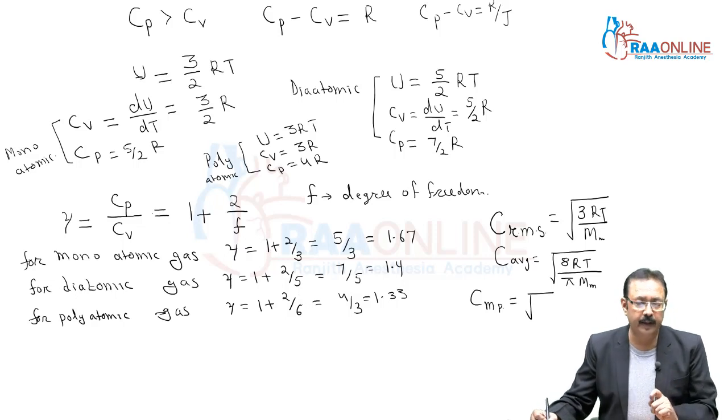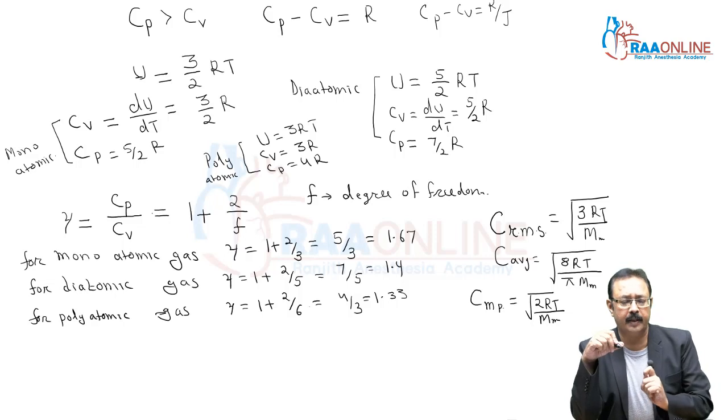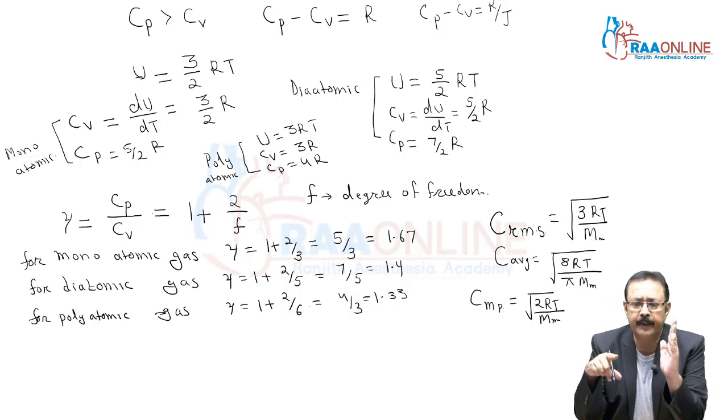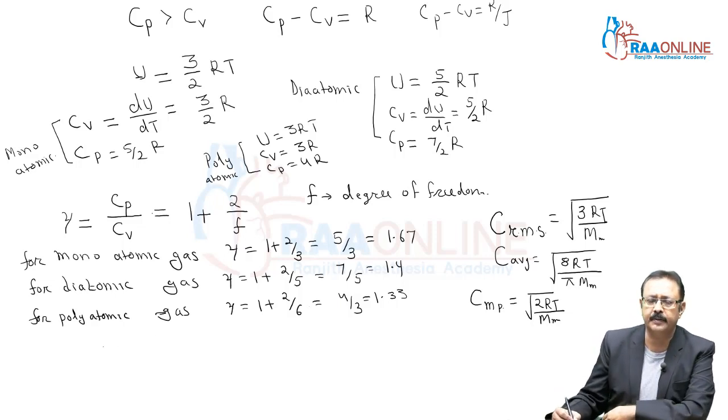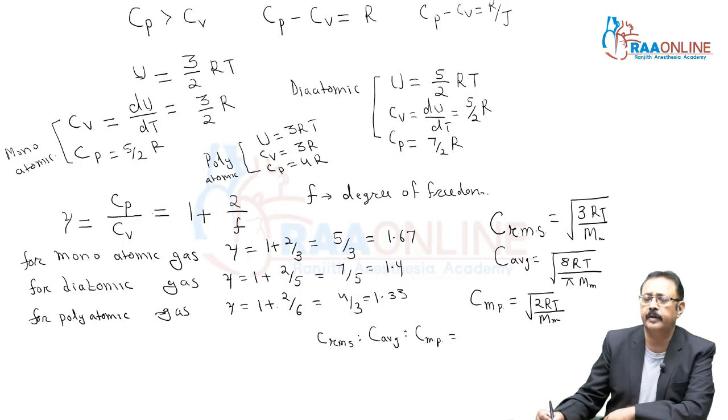All three are in terms of R and M. Most probable speed is root of 2 RT by M. Sometimes they are asking for the ratio, so you should learn this. In competitive exams, sometimes they can give this: what is the ratio of C RMS, C average, C most probable speed? So what is common? Remove that. RT by M is common.